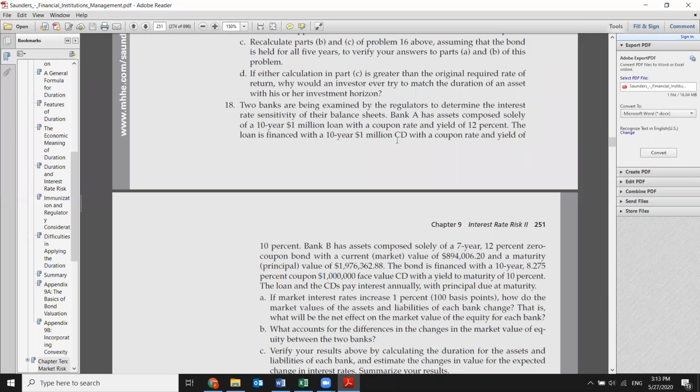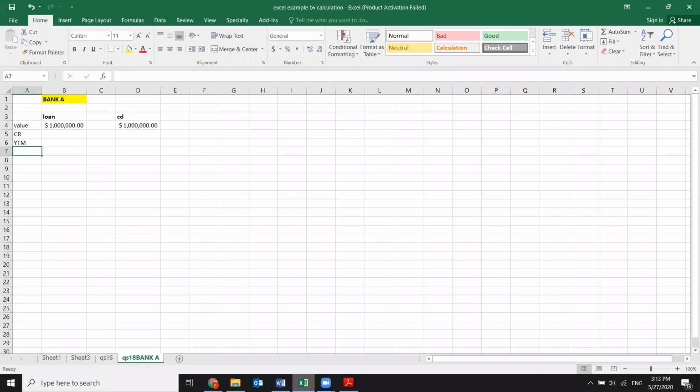But when you collected this 10-year, 1 million in value, the CD coupon rate was 10, okay? So let me call it not YTM, just interest rate or yield. So coupon rate, it is 0.10, 0.10, 0.12, 0.12.